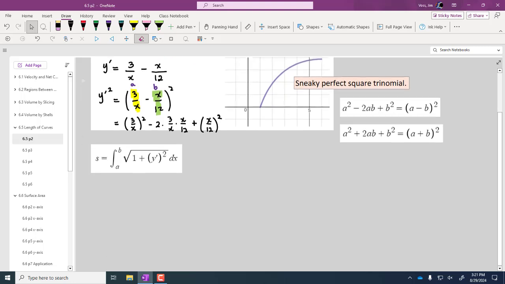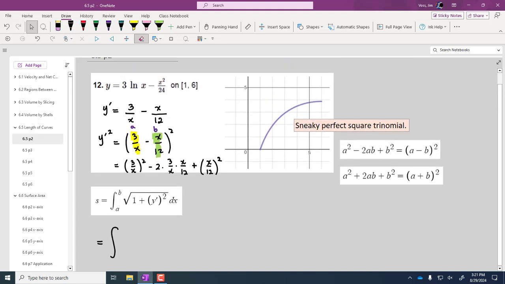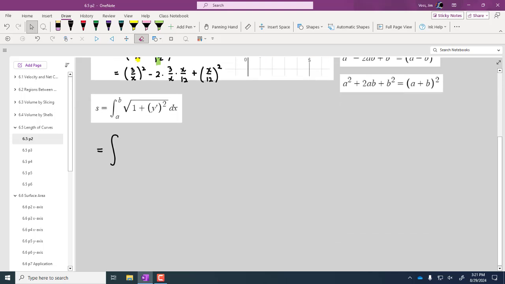So now let's come down here and look at our integral, and it's going from 1 to 6. So those are given, 1 to 6. Big square root here, and it's going to be 1 plus. I'm going to simplify only the middle term here.